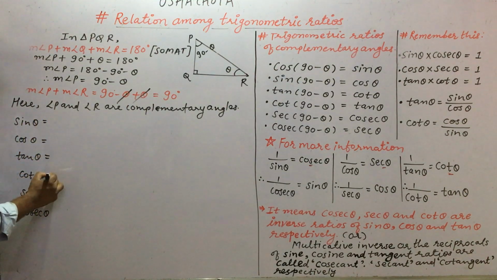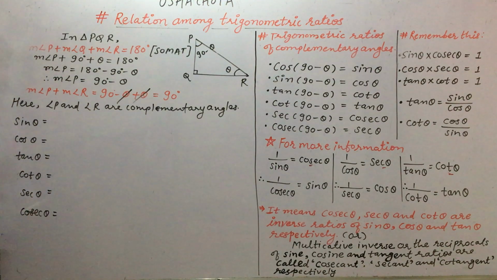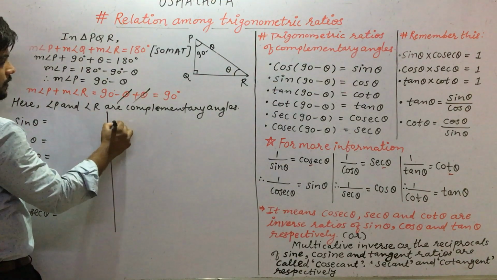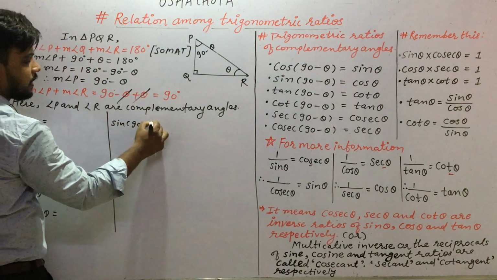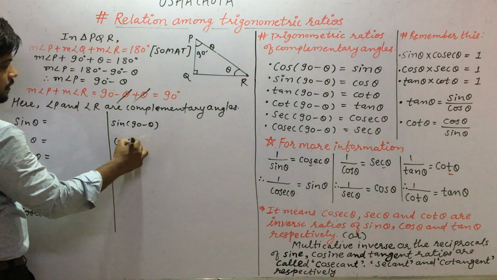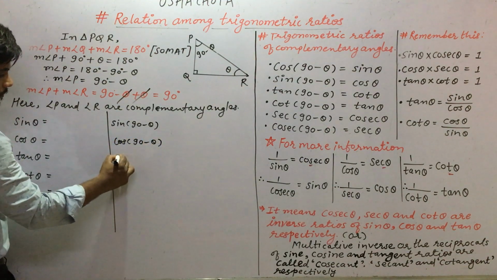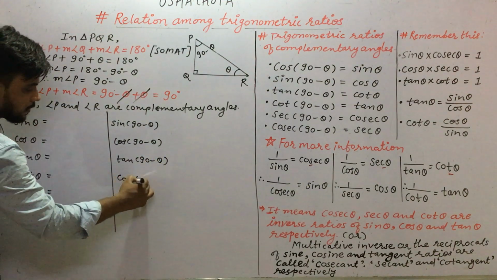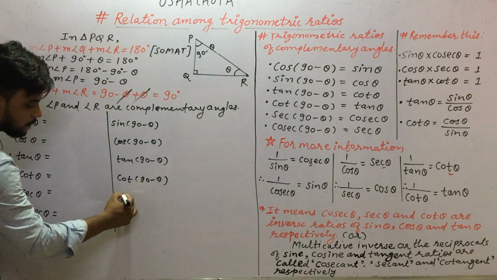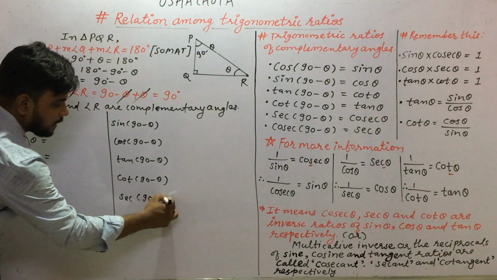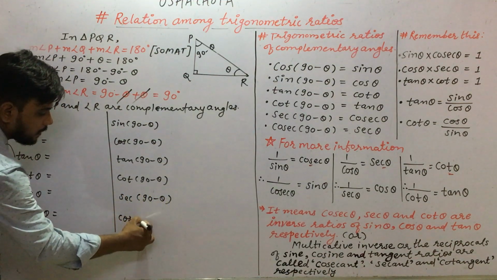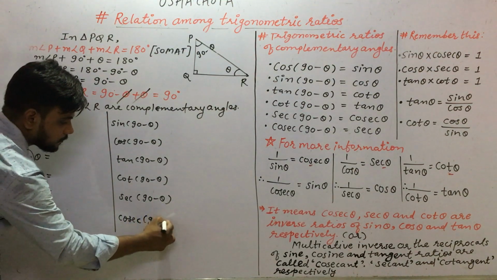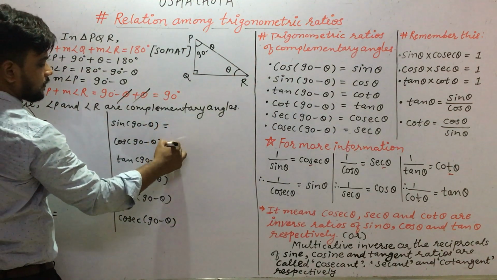And we will also find sin 90 minus theta, cos 90 minus theta, tan 90 minus theta, cot 90 minus theta, sec 90 minus theta and cosec 90 minus theta.